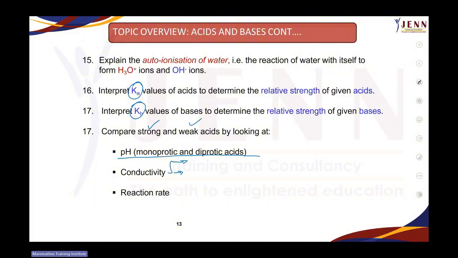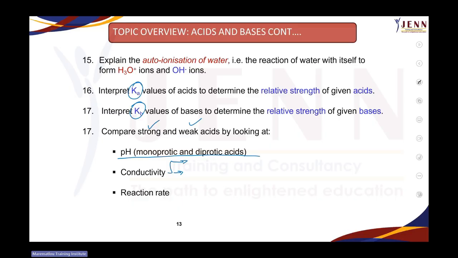Okay. And when it comes to reaction rate, we did this one in term 2. One of the factors that affect the rate of reaction is concentration. Concentration is the amount of substance per unit volume.